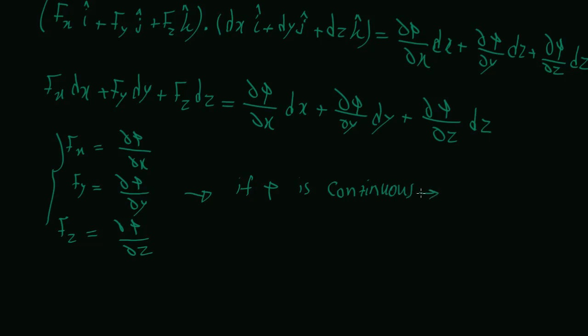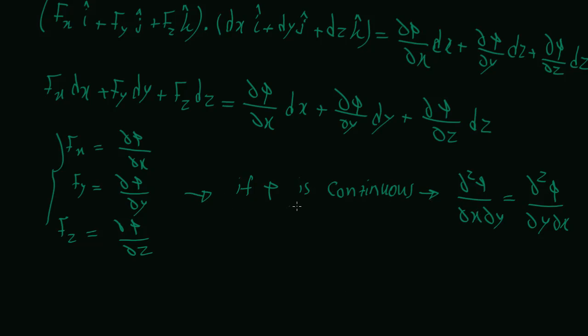Then we have the second derivative of phi with respect to x and then y is equal to the second derivative of phi with respect to y and then x. So basically changing the order of the derivatives doesn't change the result, and we can write the same thing for x and z and also y and z.